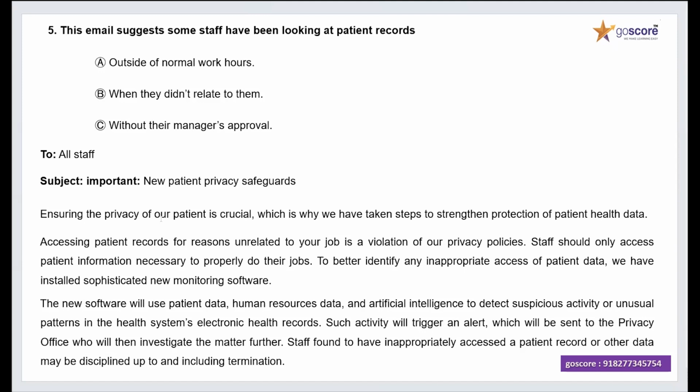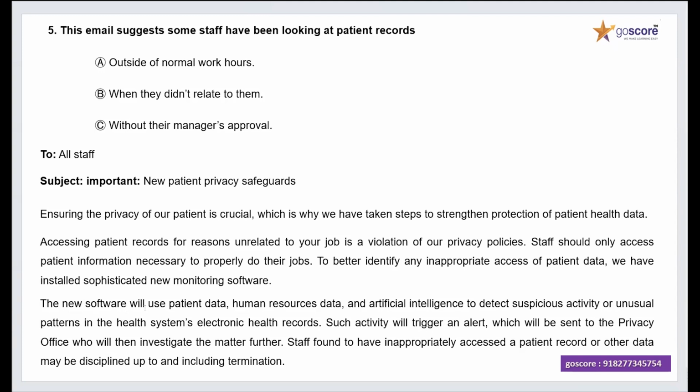Ensuring the privacy of our patients is crucial, which is why we have taken steps to strengthen protection of patient health data. Accessing patient records for reasons unrelated to your job is a violation of our privacy policies. Staff should only access patient information necessary to properly do their jobs. To better identify any inappropriate access of patient data, we have installed sophisticated new monitoring software.